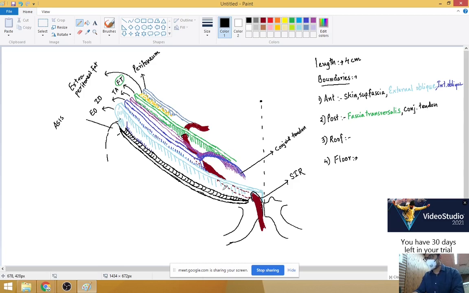Now see, initially these fibers were roofing over here. They were roofing, then they were turning and going back, isn't it?